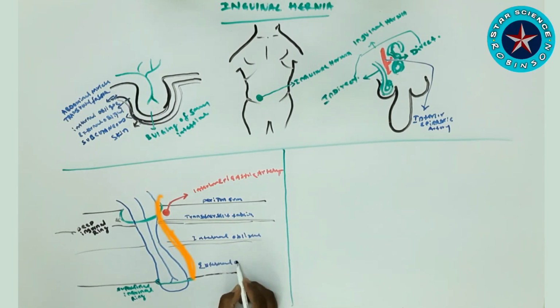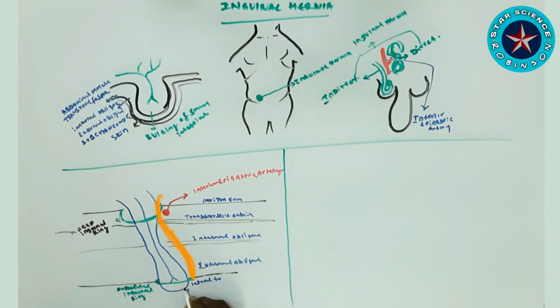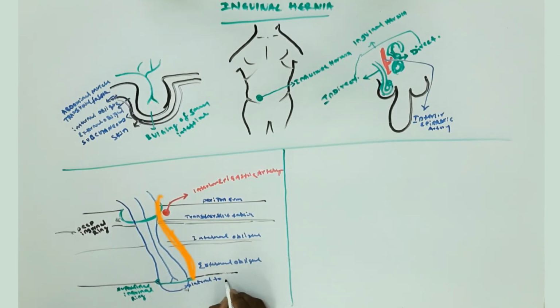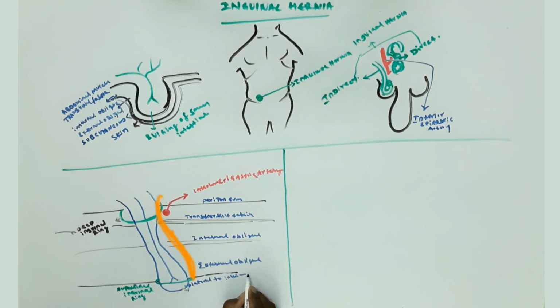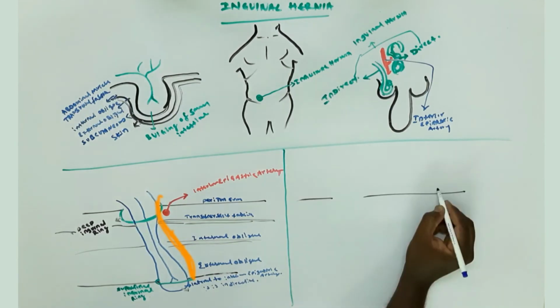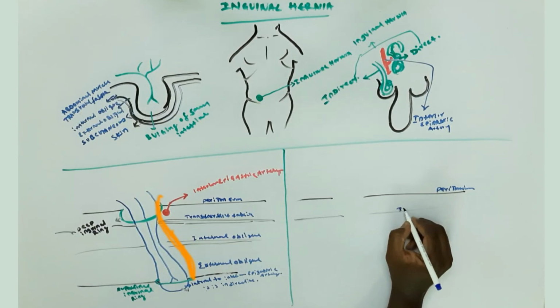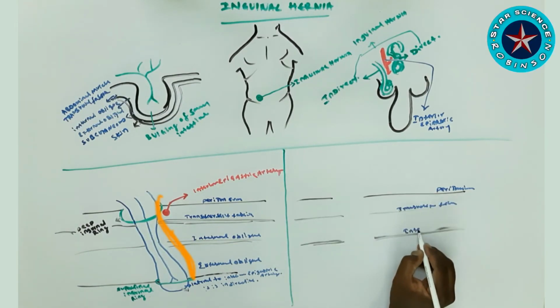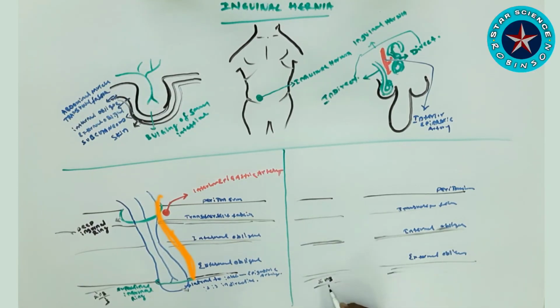The main thing is that when it enters the scrotum, it passes through the superficial inguinal ring and then enters the scrotum. This is how the indirect inguinal hernia occurs. Now we are going to see the direct inguinal hernia. It is the same diagram, but the thing to remember is that the direct inguinal hernia is present medial to the inferior epigastric artery.